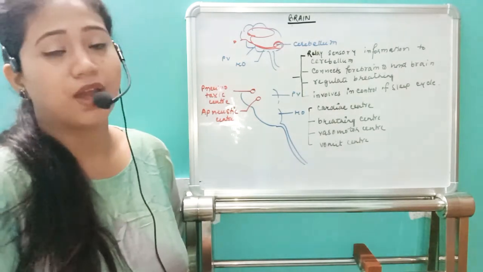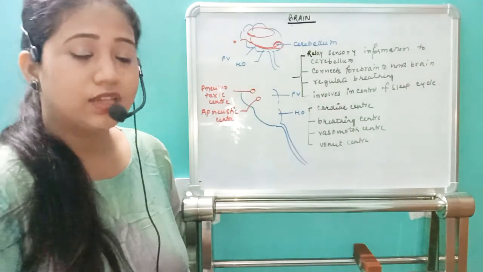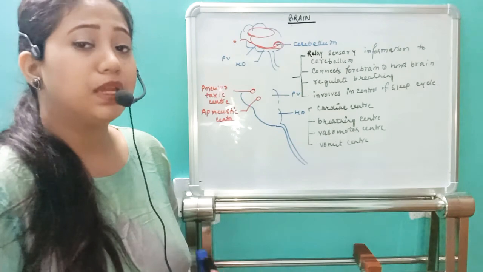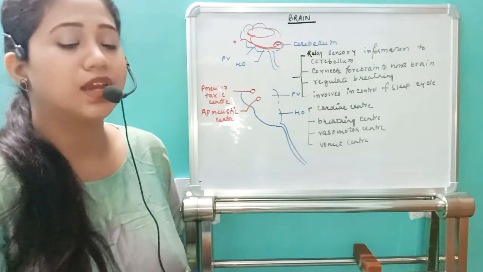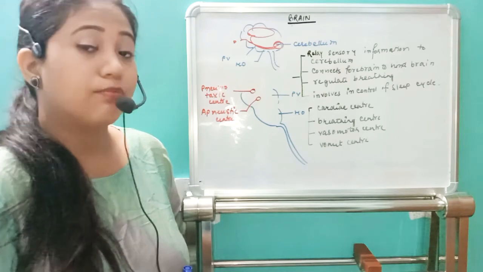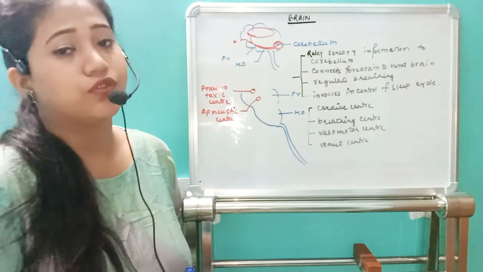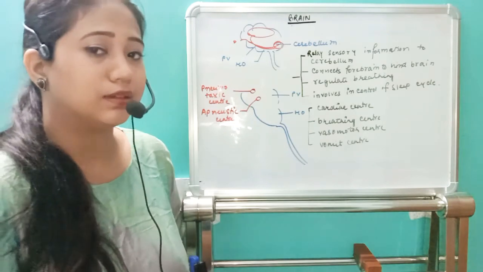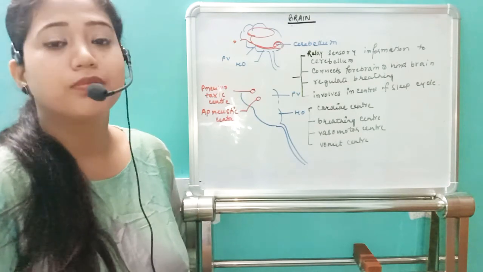It is performed by the pons varoli. So this is basically a relay, the mediator between the forebrain and the hindbrain, that is the cerebellum. In the pons varoli we also have the 4th ventricle present. This is a very important part of the hindbrain.